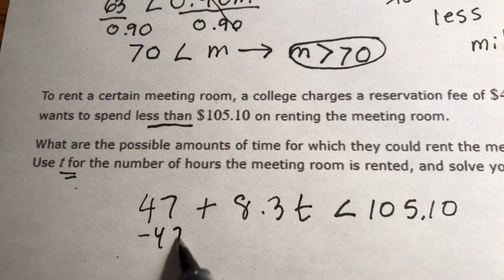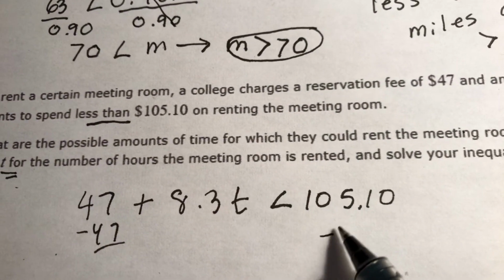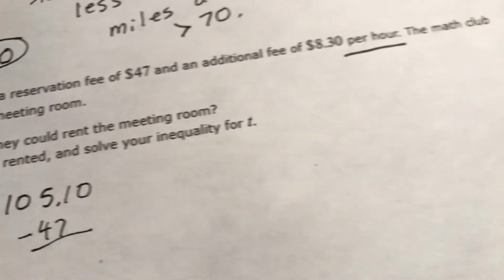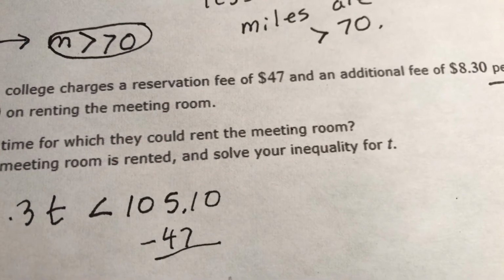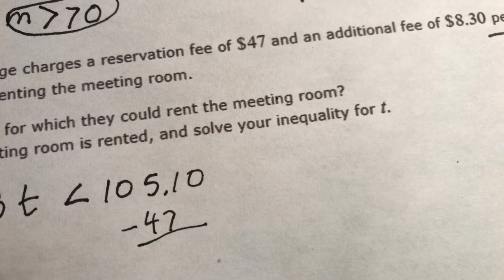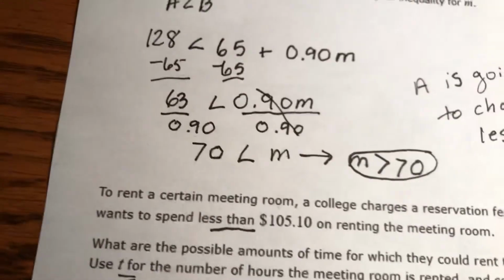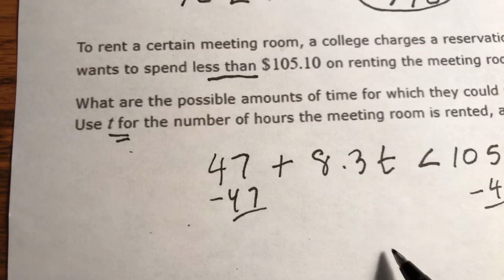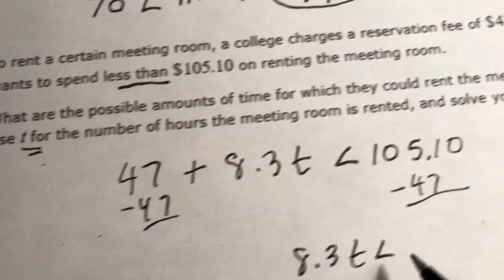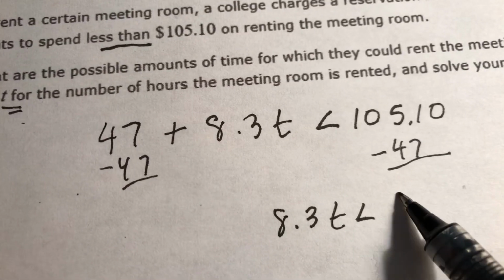Let's solve it. So we're going to subtract 47. I'm going to stick this in the calculator. 105.10 minus $47, and I get 58.1. So you should be doing that subtraction. So I get 8.3 T is less than 58.1.